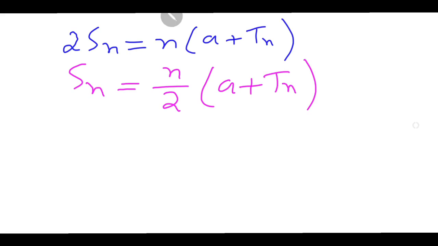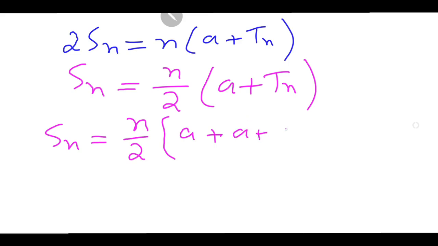Now we substitute the formula for the nth term. Sn is equal to n over 2, big bracket, a plus, now we substitute the formula for Tn, a plus (n minus 1)d, close big bracket.